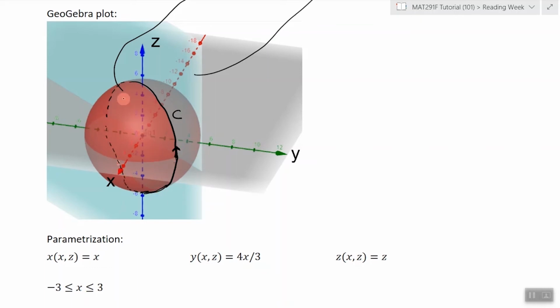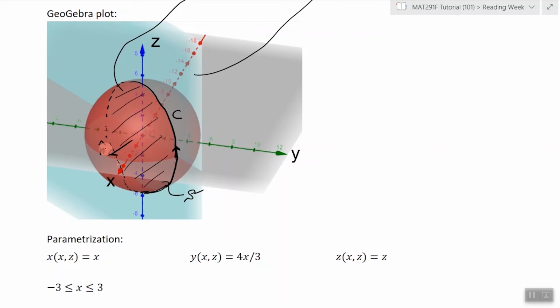So this means that the surface, which let's say we choose this flat surface like this, should be oriented consistently by the right-hand rule. So this would be the direction. Let's parameterize this surface.